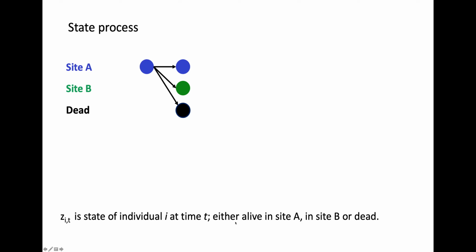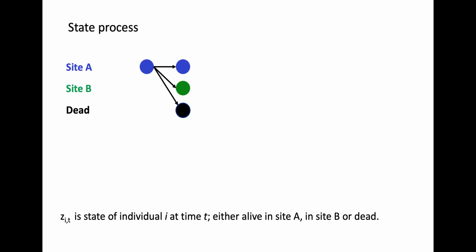It's going to be 1 if the individual is alive in site A, 2 if the individual is alive at time t in site B, or 3 if the individual is dead. So instead of being just a binary random variable like before, it's a random variable that takes several values, more than 2.